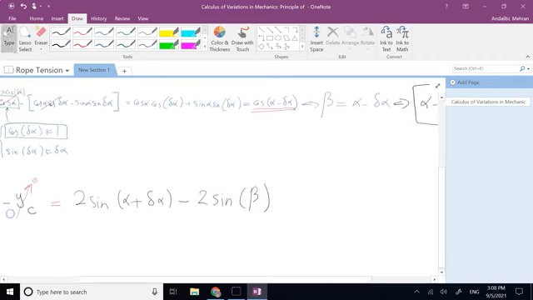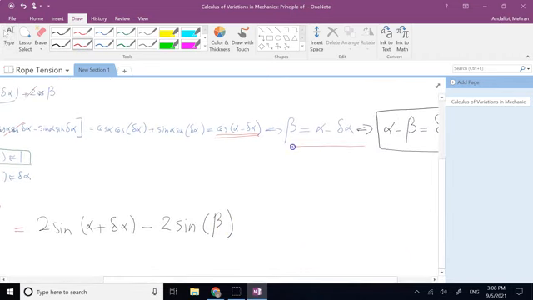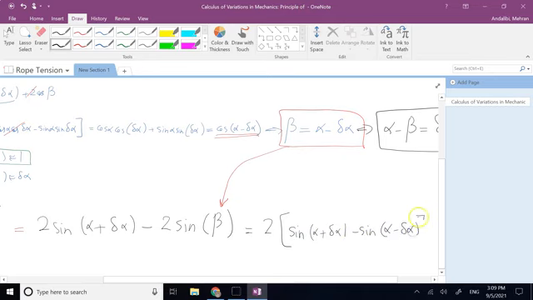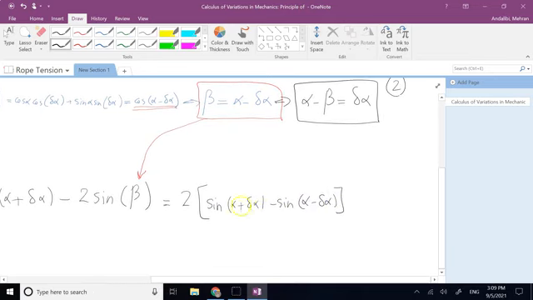And again, here for beta, I'm going to plug this relation that I found down here. So if I factor a 2, it's going to be sine of alpha plus del alpha minus sine of alpha minus del alpha. And if you know the summation of sine of 2 angles or subtraction of the 2 angles, this is going to be sine first one cosine second one plus cosine first one sine second one. This is sine first one cosine second one minus sine second one cosine first one.